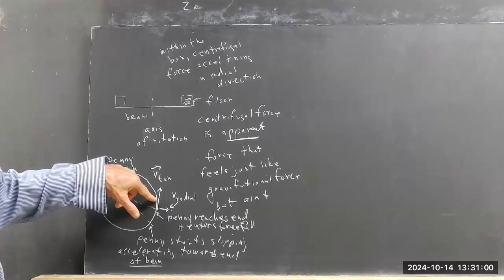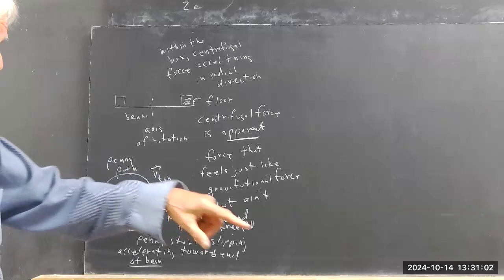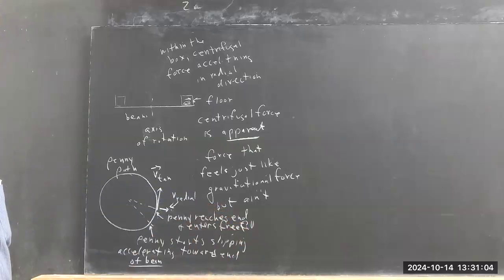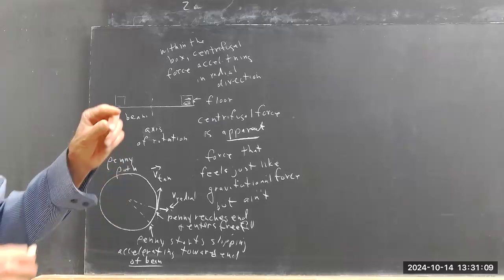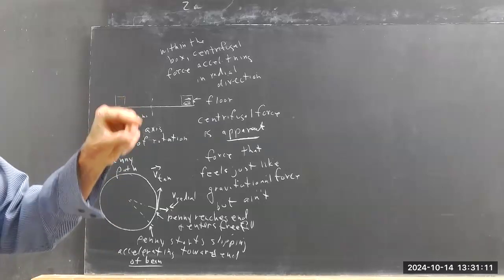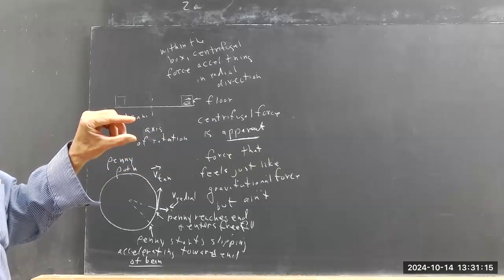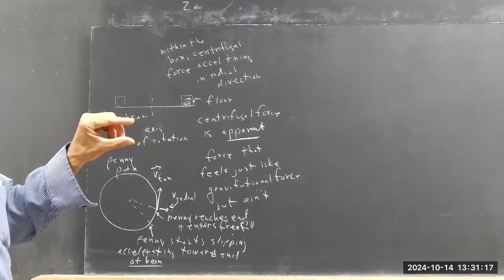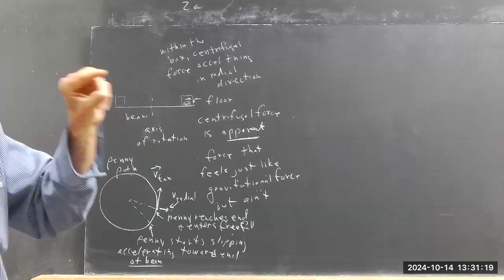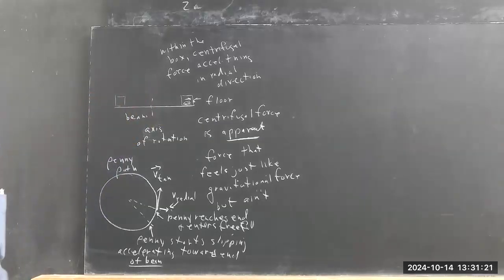Now in my original model, the polynomial I gave you, I neglected that one, because I was thinking, well, that penny or that magnet is only about this wide, it's not going to pick up much speed. Then I worked it out and said, well, it picks up significant speed.